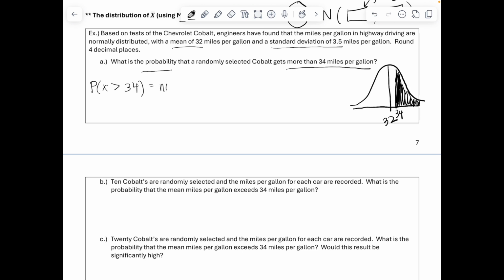In order to find this probability, we use normal CDF as we've done before. Where the shading starts is at 34, comma, 1E99, again as our infinity since this does go off to the right. Our mean is 32 and our standard deviation is given as 3.5.